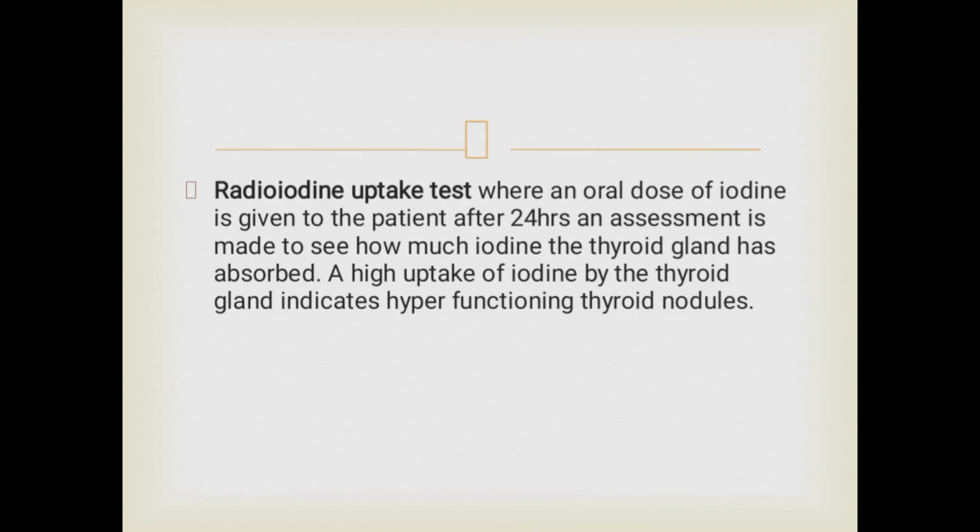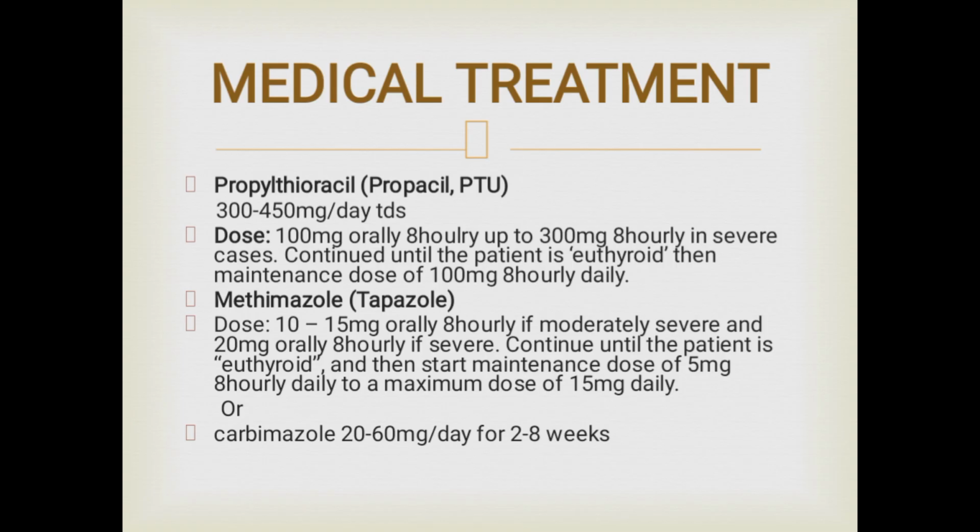Radioiodine uptake test may also be used, where an oral dose of iodine is given to the patient and after 24 hours an assessment is made to see how much iodine the thyroid gland has absorbed. A high uptake of iodine by the thyroid gland indicates hyperfunction of the thyroid. So those are the things that will tell you this person has thyrotoxicosis.